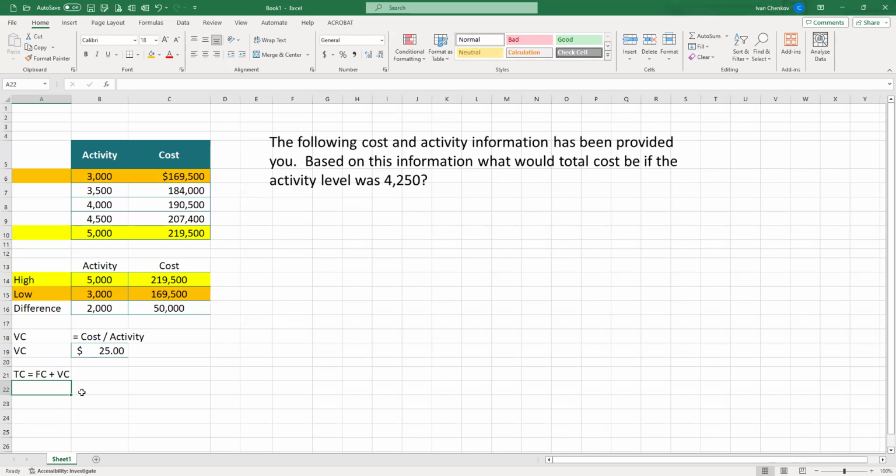But the variable cost is equal to the variable cost per unit times the number of units. So the total cost is always going to be equal to the fixed cost plus the variable cost per unit times the number of units.